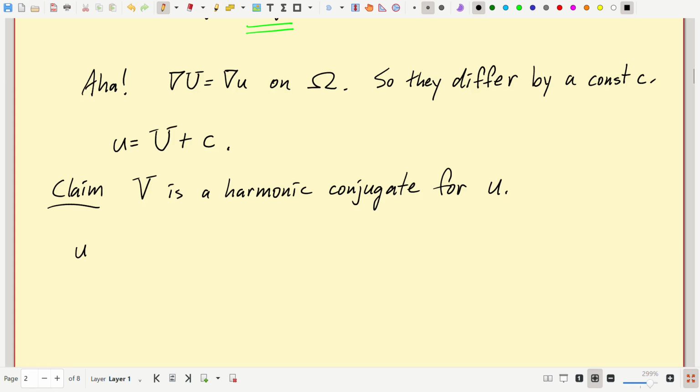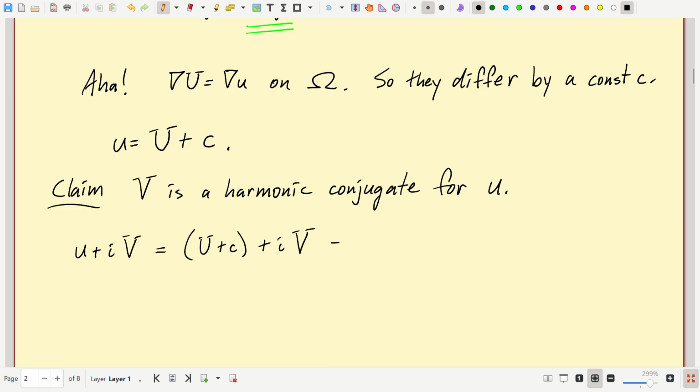Well, u plus iV is equal to, let's see, little u, that would be capital U plus C, plus iV.